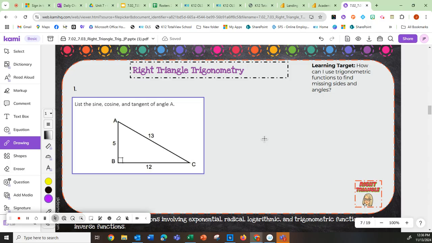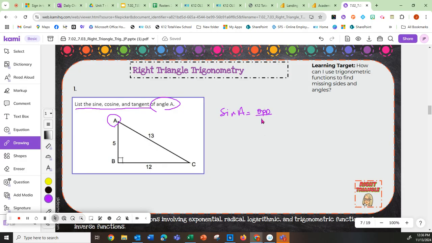So in a lot of problems, students think they have to use their calculator, and you don't. This problem says list the sine, the cosine, and the tangent from angle A. So you locate angle A, and you say sine of angle A equals, and remember SOHCAHTOA, or some old hen, opposite over hypotenuse.